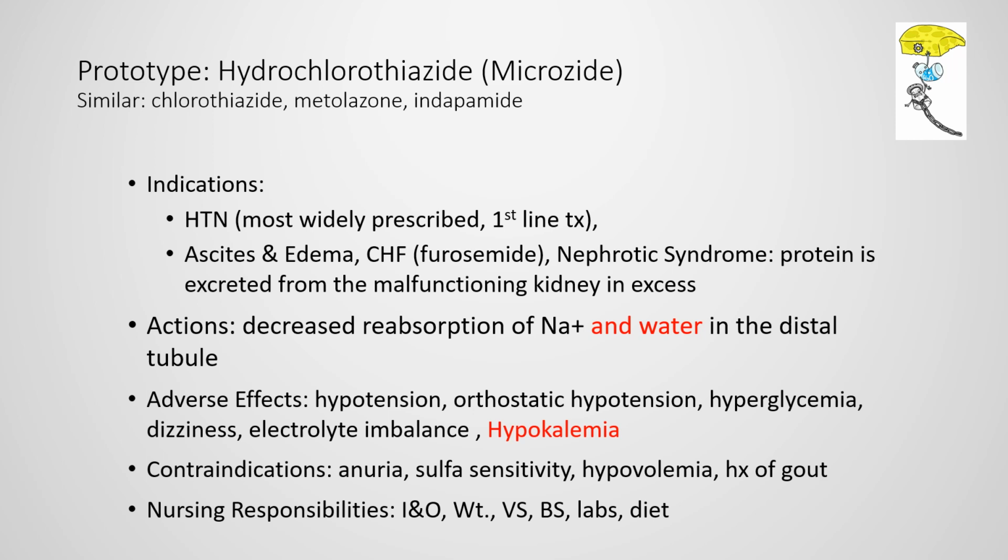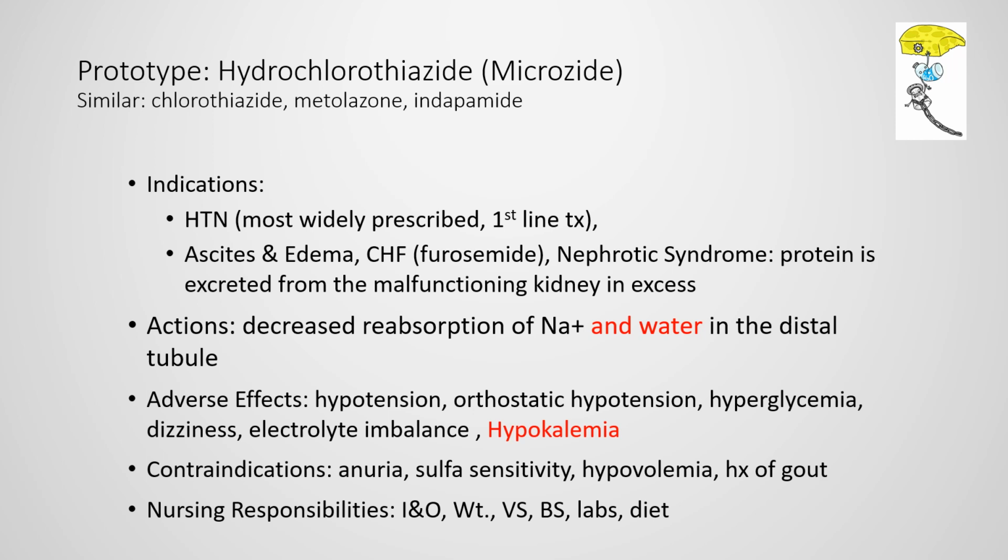If it works further down the nephron, it just doesn't have as much diuretic effect. Which is good, because if it has tremendous diuretic effect, you really can't use it on a day-to-day basis. And this one you can. It's often used for hypertension. It's actually one of the first line medications for hypertension.